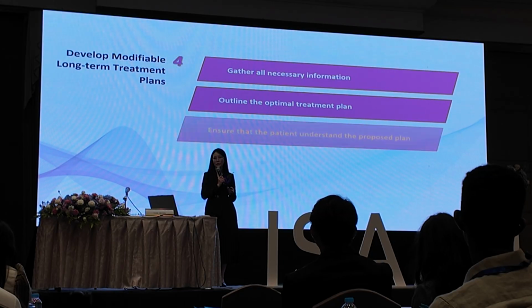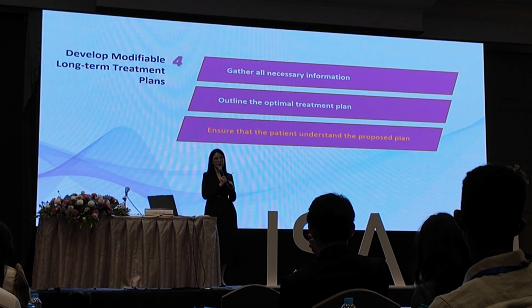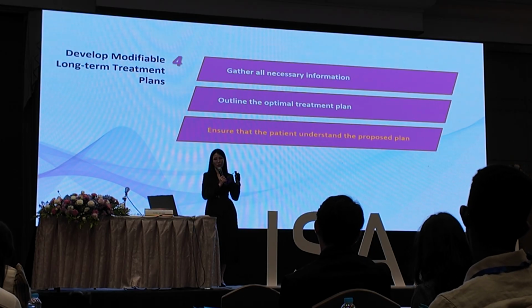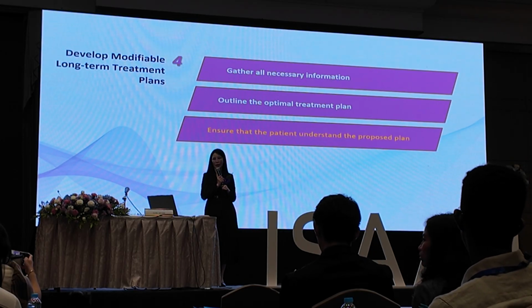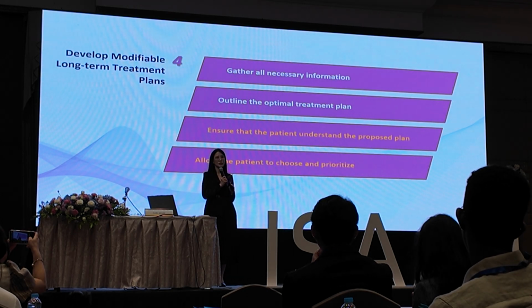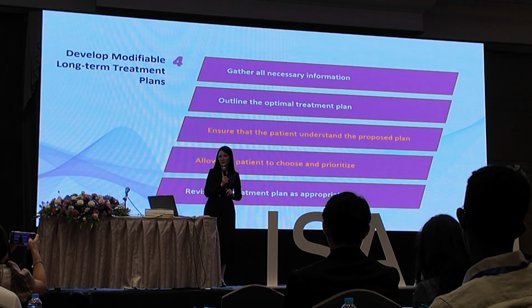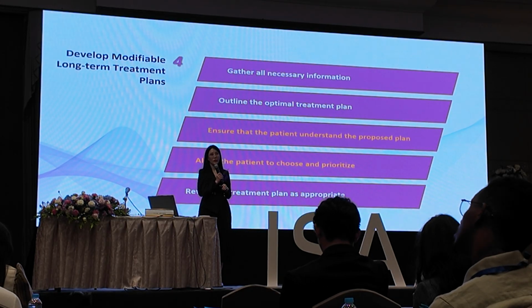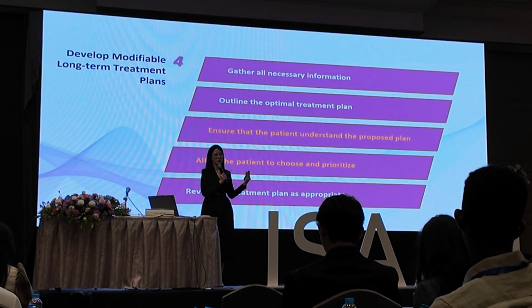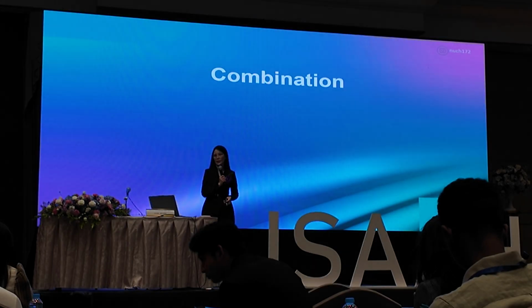We have to outline the optimal treatment plan to ensure that our patient understands why we have to do the maintenance or the proposed plan, and let them choose what to do and what not to do. And if we need to change the plan, we should be able to revise it.